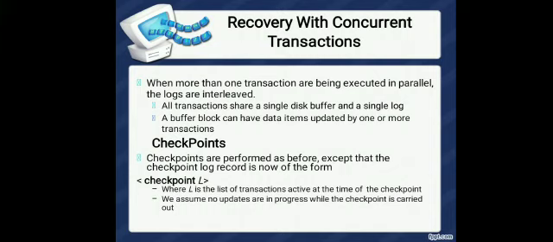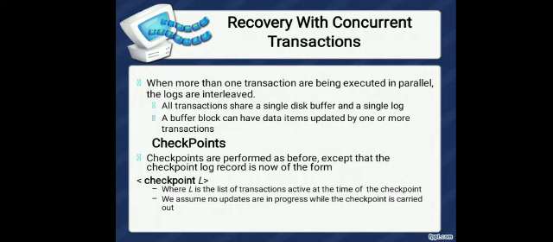Rather than reprocessing the entire log, which is time consuming and much of it unnecessary, we can use checkpoints. A checkpoint is a type of mechanism where all the previous logs are removed from the system and permanently stored on the storage disk.